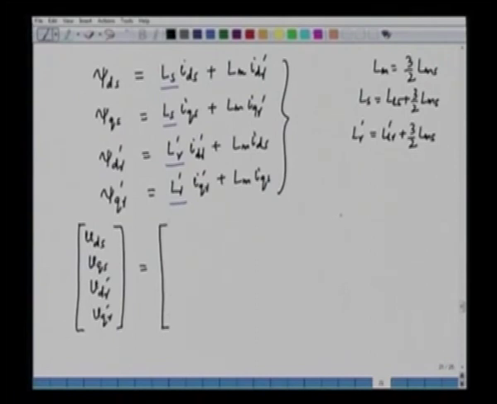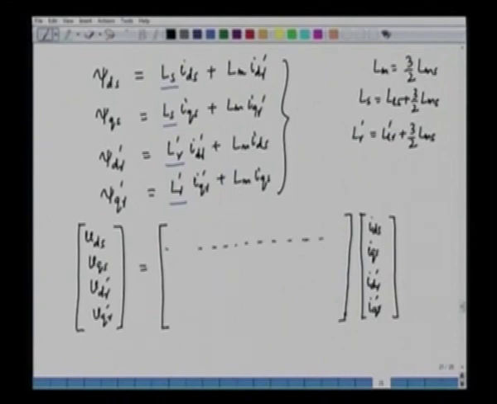So we can just write down the currents and fill up this impedance matrix: ids, iqs, idr and iqr. So we have a 4 by 4 matrix, and we can write this down just by inspection.